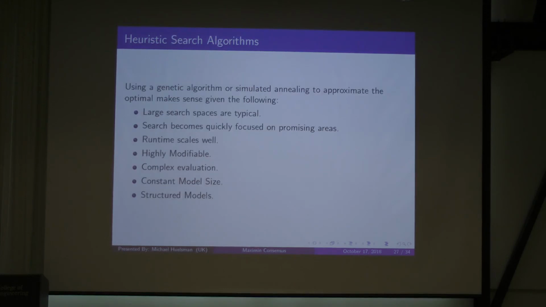So, there are good properties that we can exploit. A lot of these algorithms tend to be focused on large search spaces, right? So there's a lot of things with using genetic algorithms and simulated annealing to deal with potentially very large search spaces and finding good approximations. Generally speaking, we found that they focus quickly onto promising areas.